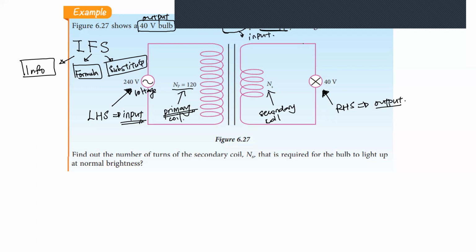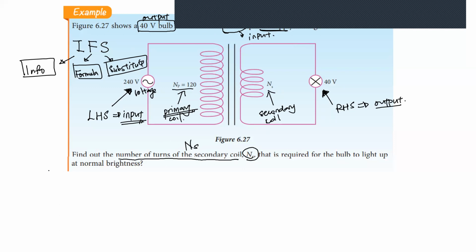So this is how we recognize which is input and which is output. Then the question says, find out the number of turns of the secondary coil. I believe you can recognize this is Ns, that is required for the bulb to light up at normal brightness.